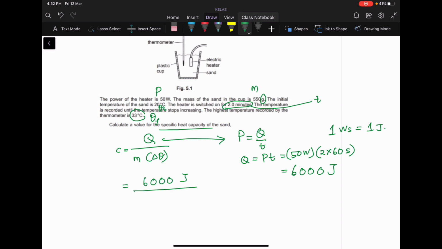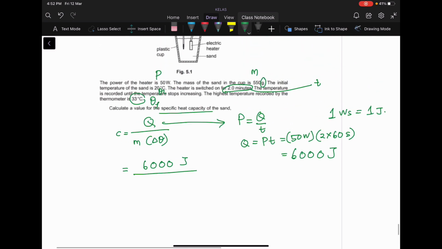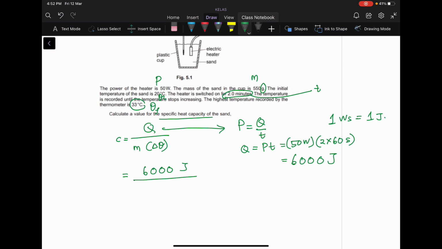What's the mass given there? If the question doesn't tell you what unit it wants for the final answer, then usually for specific heat capacity we want the unit in joule per kg per degree Celsius. But this mass is not in kg, so we need to change it.